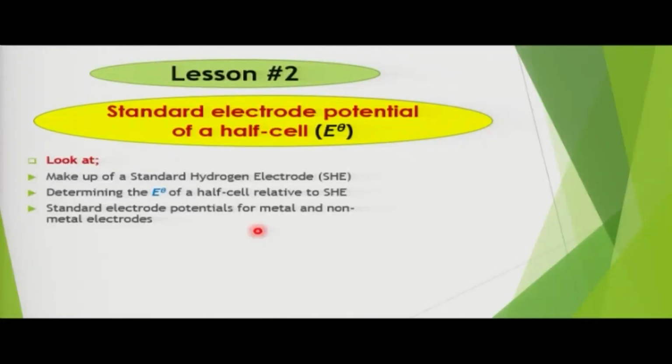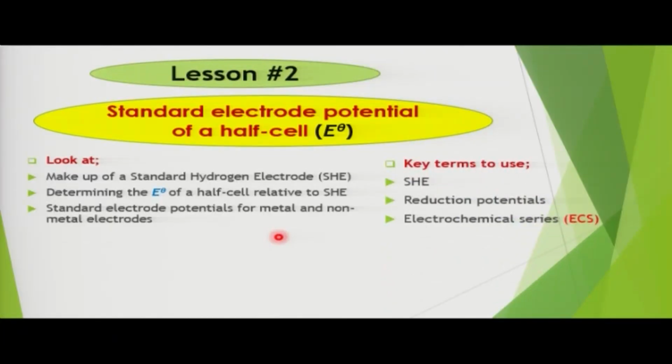So in the remaining minutes within this lesson, we shall look at what makes up the standard hydrogen electrode potential and how to use the standard electrode potential to determine the standard electrode potentials for other half cells or other half electrodes.